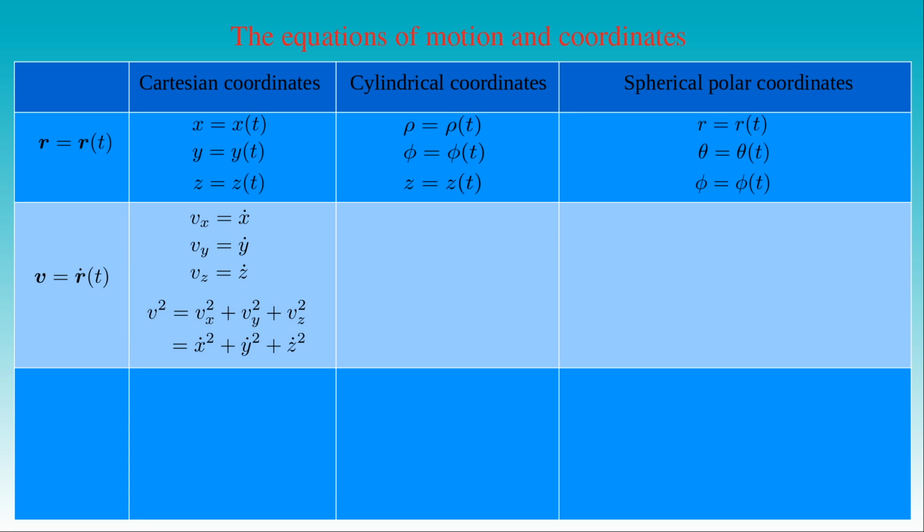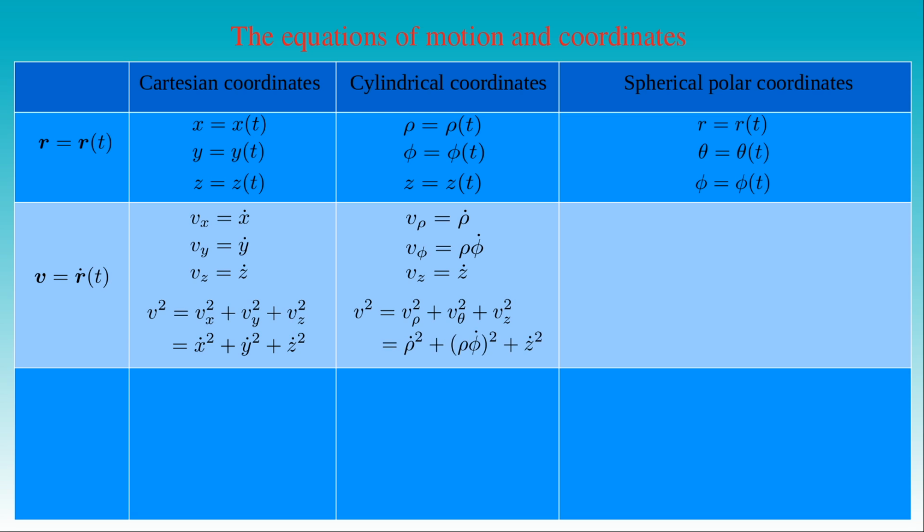In cylindrical coordinates, the rho component of the velocity is the derivative of the coordinate function rho. Its phi component is equal to rho times the derivative of the azimuthal angle phi. And its z component is simply the derivative of the coordinate z. The square of the length of the velocity is the sum of the squares of these components. And it contains squares and quadratic terms of the derivatives of the coordinate functions.